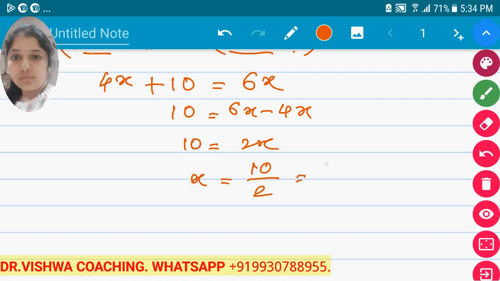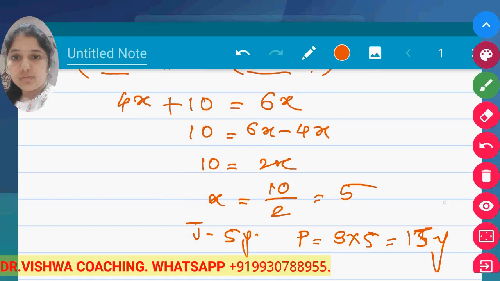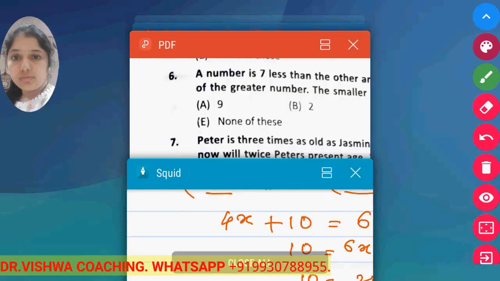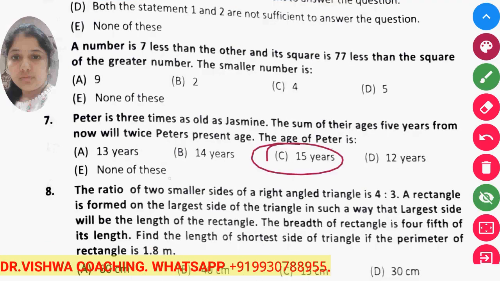So 10 upon 2 is equal to 5. So Jasmine's age is 5 years. Now Peter's age is thrice Jasmine's age. So 3 into 5 is equal to 15 years, which is the age of Peter. Now see, where is the option 15? So option C is your answer. Okay, understood?